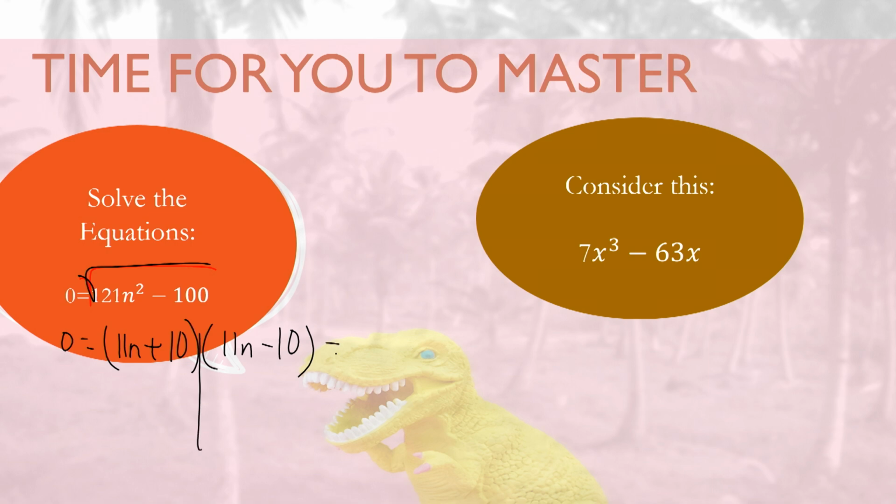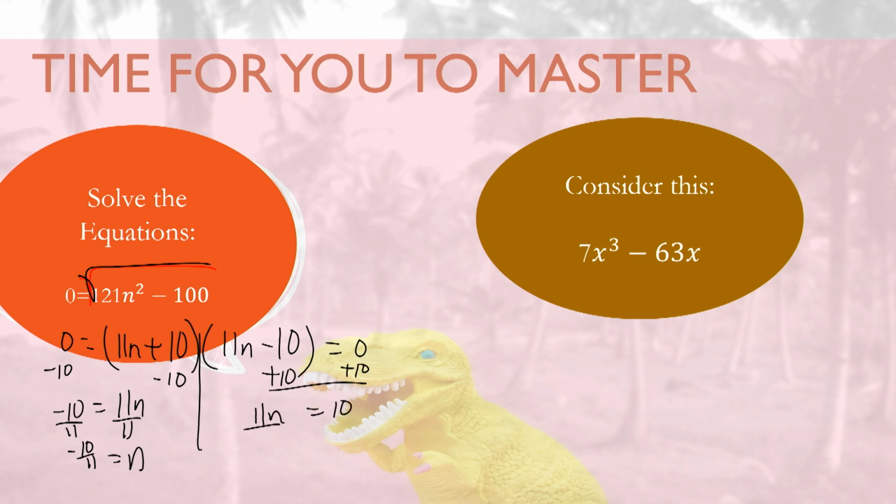So I am making them both equal 0. I am subtracting 10, doing my opposite operation. So I have negative 10 equals 11n, division. So n equals negative 10 over 11. Let's go to the next side. I'm going to add my 10 to both sides. So I have 11n equals 10.